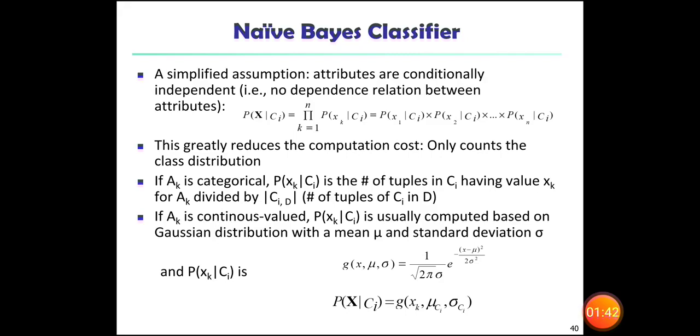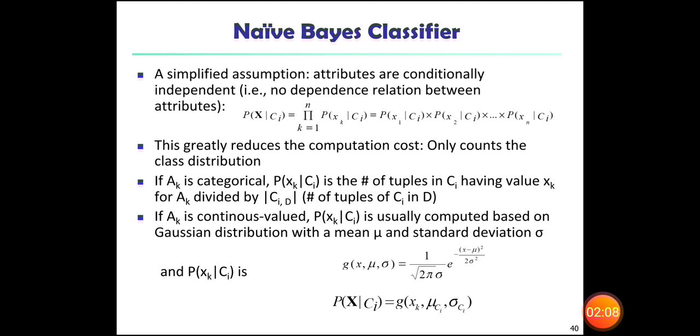If Ak is a continuous value, then P of xk given Ci is usually computed based on a Gaussian distribution with a mean mu and standard deviation sigma. It is very important, as we already discussed, that we are going to involve more and more probability concepts, so we need to have knowledge about probability.